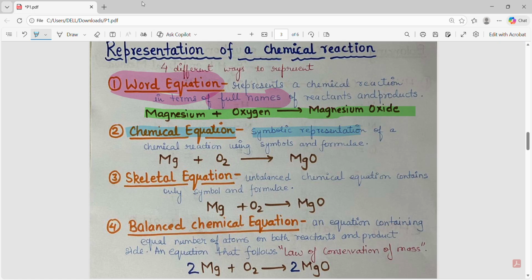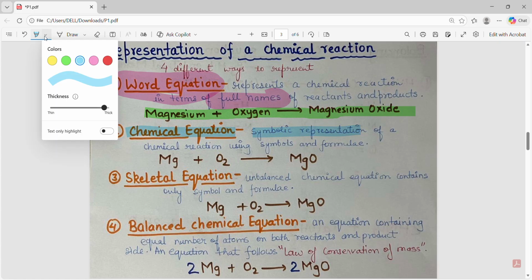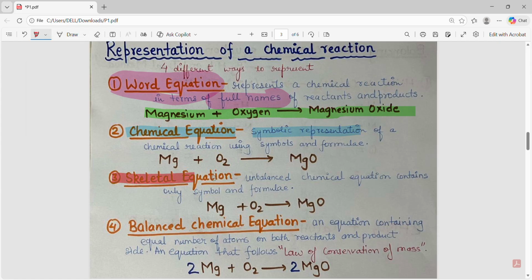And a very important question is coming next. What do you understand by skeletal equation? So skeletal equation means unbalanced chemical equation, that is having unbalanced molecules.